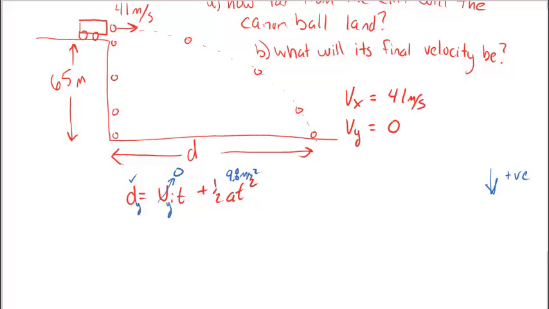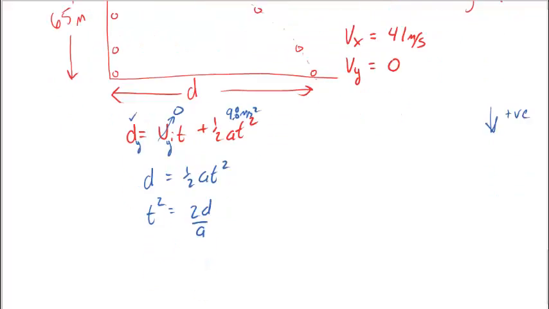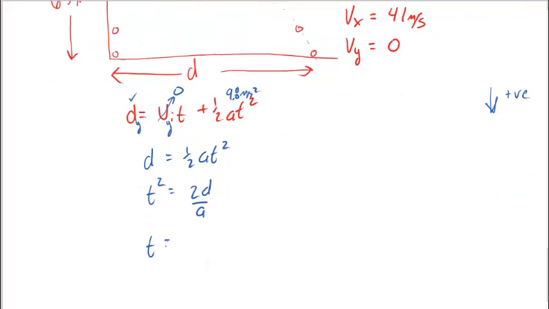So I will solve for time. If I rearrange this, first simplify, d equals 1/2 a t squared, and time squared is equal to 2d over a, where time is equal to the square root of 2d over a.